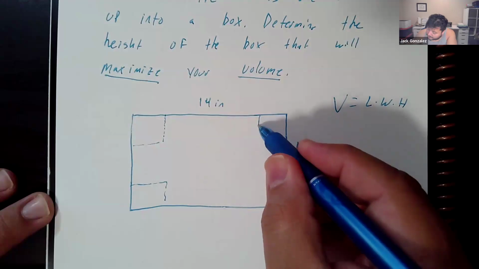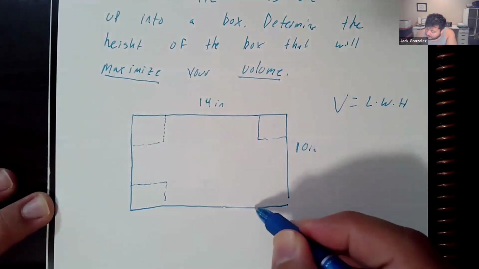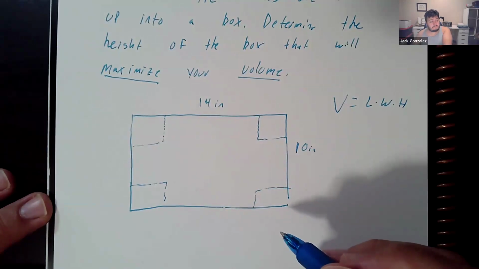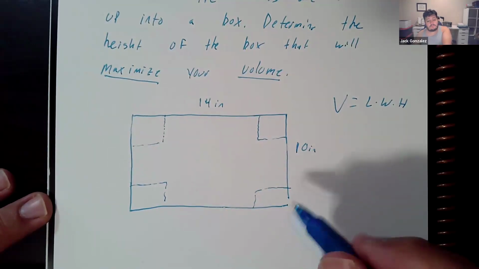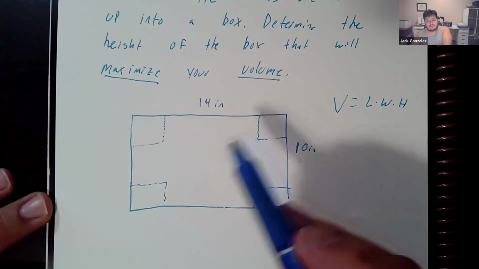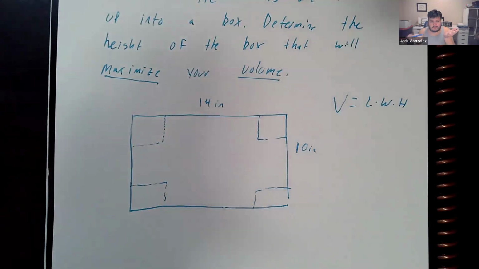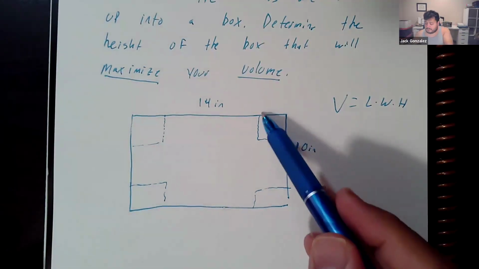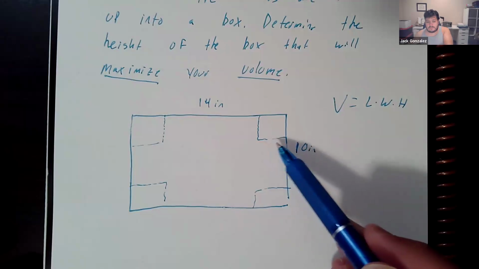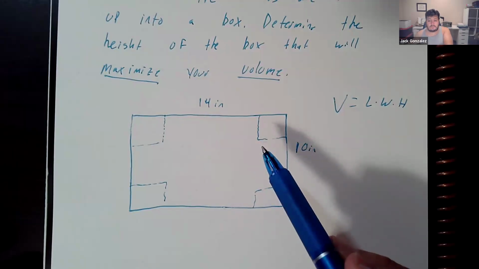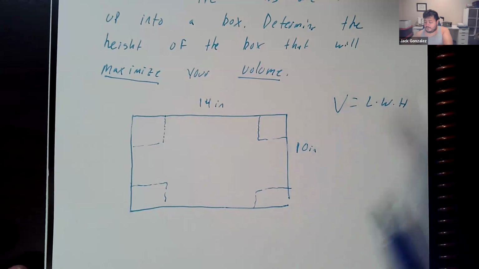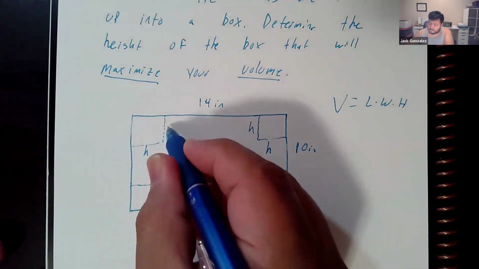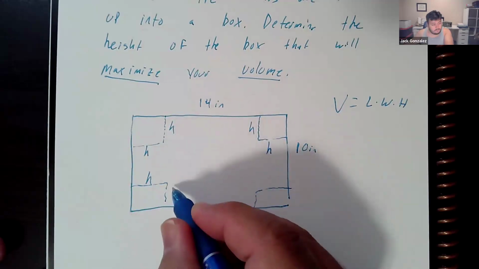How big are these squares on the corners? I don't know. But you do agree that these equal cuts are going to be what determines the height, right? You see what I mean? Like I cut this out, this will be how high it folds up. So we can call this my H size. That makes sense?